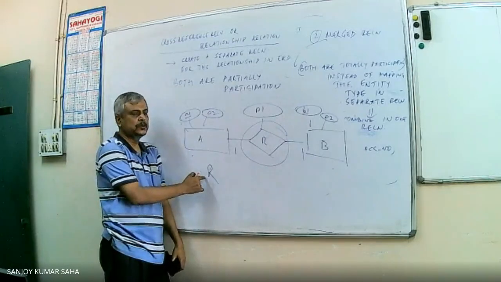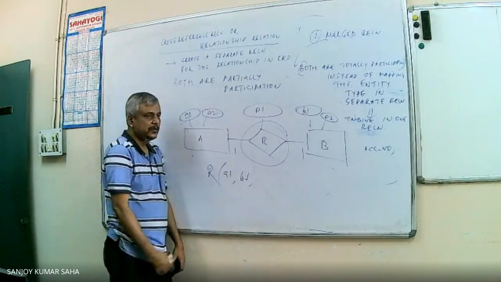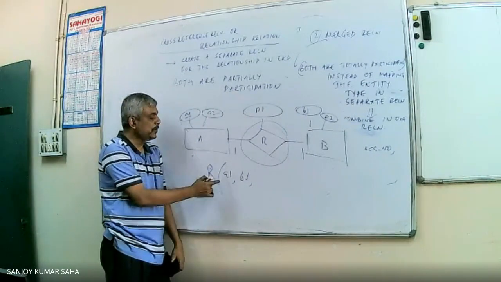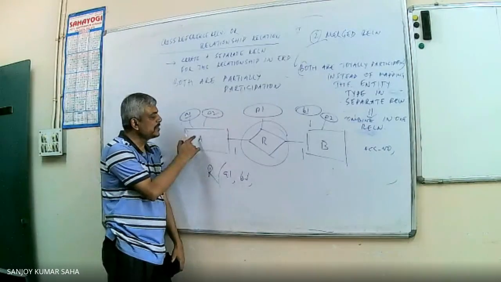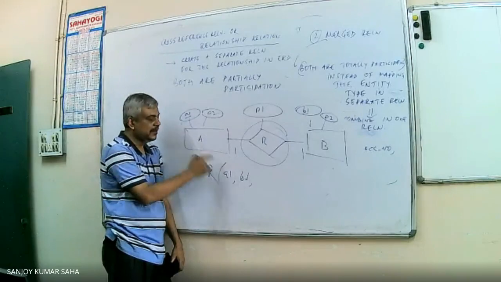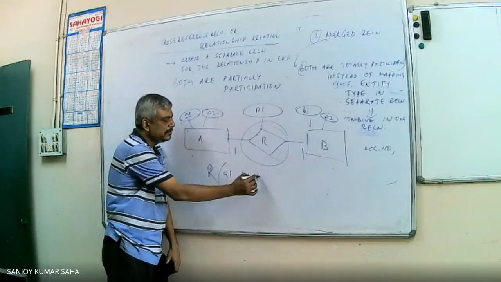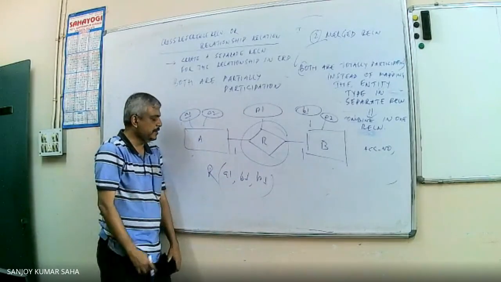Then what will be the attributes? Primary key of the related entity types. So this will show A1 is the primary key of this. So if we have an entry for A1, B1, using A1 I can identify the element here. Using B1, we can identify the element here, and the attribute of the relationship. Right?